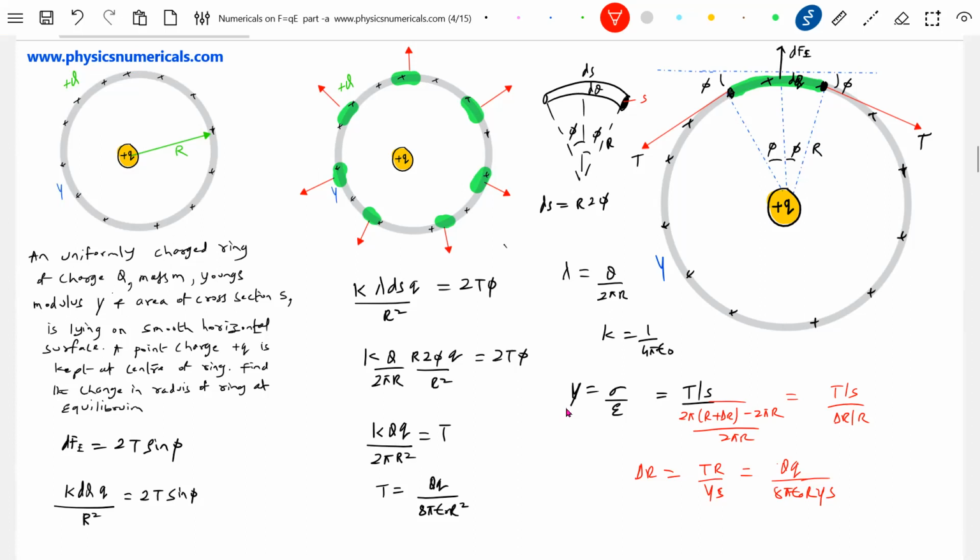So this will be the expression for the change in radius of the ring.